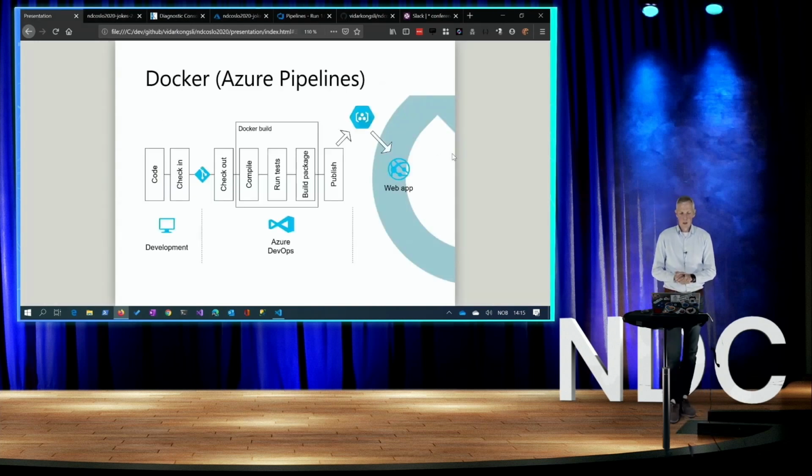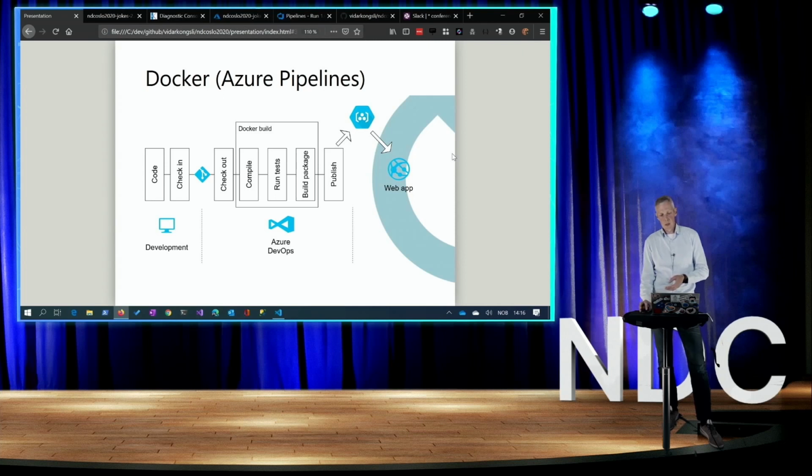So the next demo that we can have, or change that we can do, is to use the Docker toolchain to build our application and also to deploy our application. That means that the compile, run test, build package part is inside a Dockerfile.